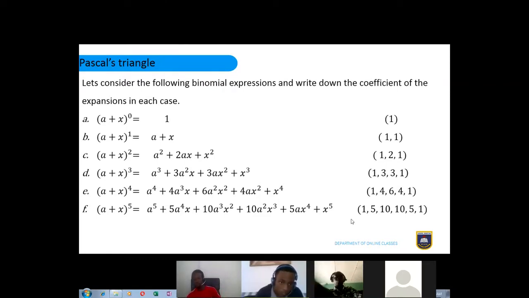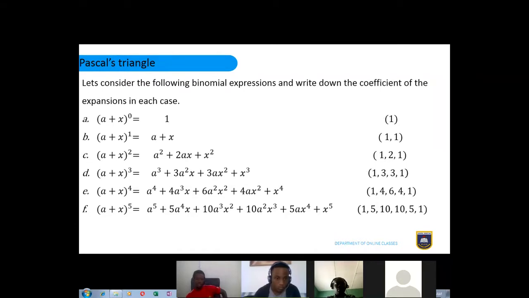Now, to the extreme right end, what we have in the brackets are the coefficients of each term in each expansion. When you look at the first expansion, the coefficient of 1 is 1.